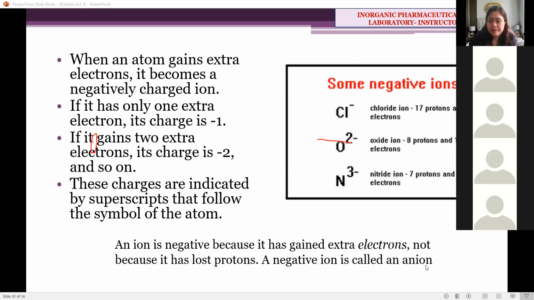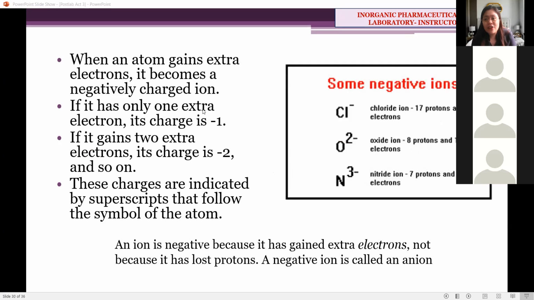Okay, wait. So when an atom gains extra electrons, remember our clue earlier, when an ion is negatively charged, it means it has more electrons, because it gained electrons. But when the ion is positively charged, it means it lost electrons, so it has more protons.